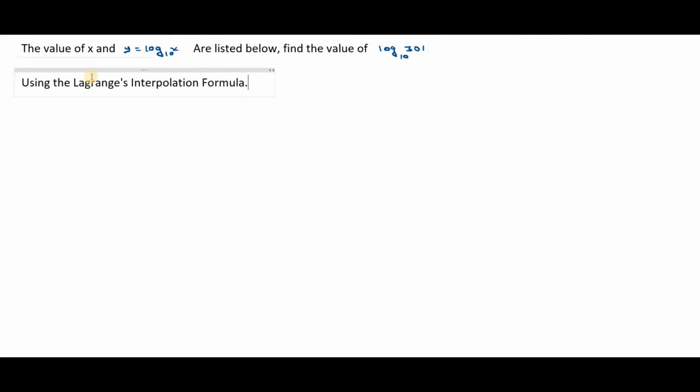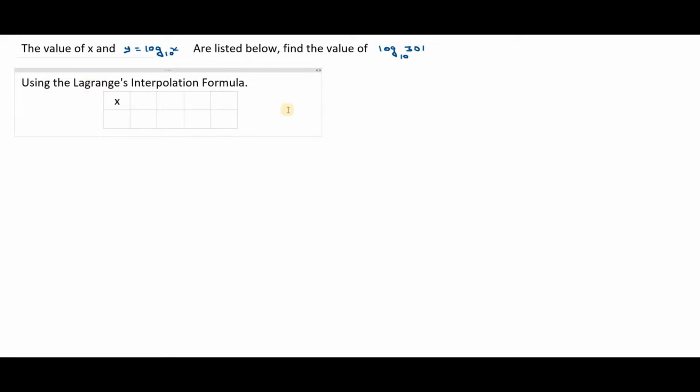Find the value of logarithm of 301 to the base 10 using the Lagrange's interpolation formula.